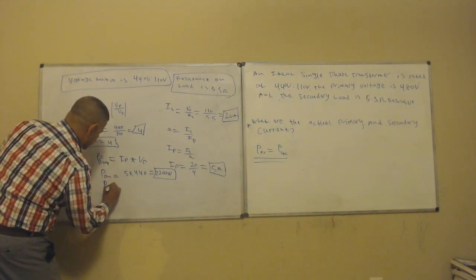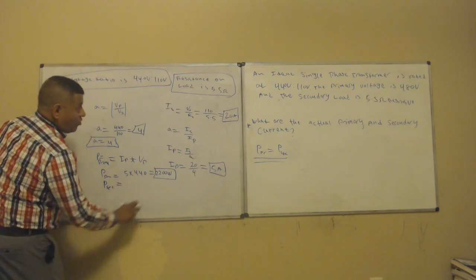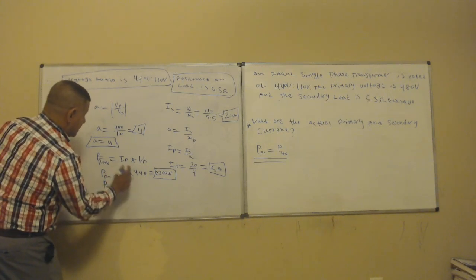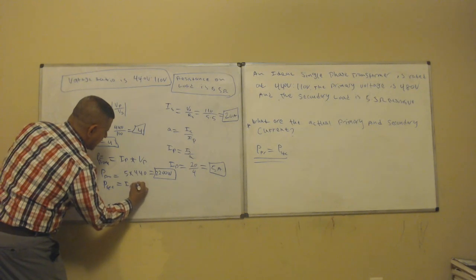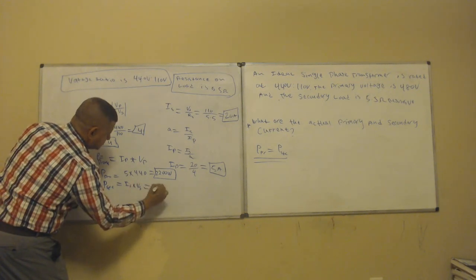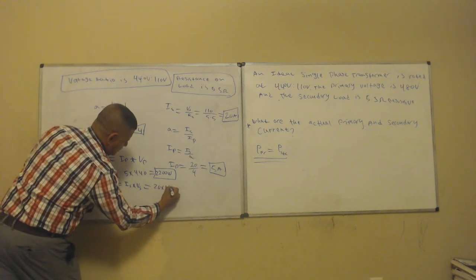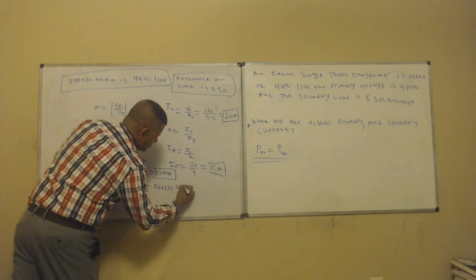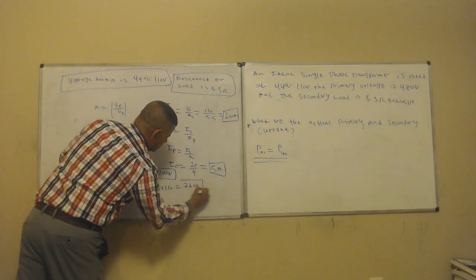Power secondary is equal to IS times VS, which is equal to 20 times 110, and it is equal to 2200 watts.